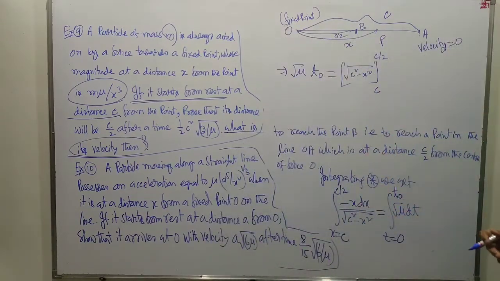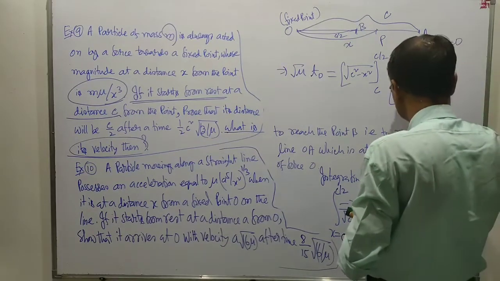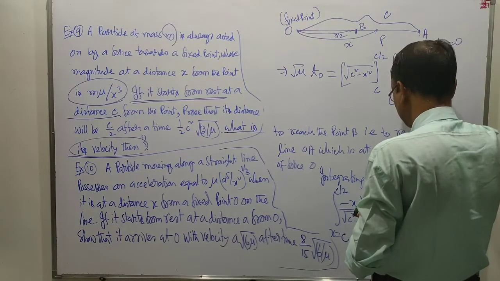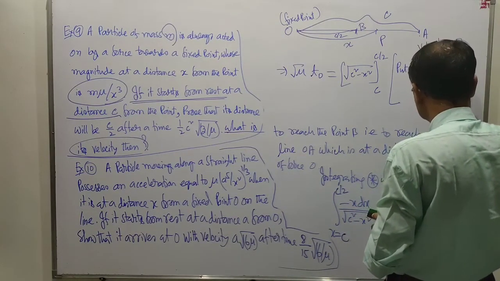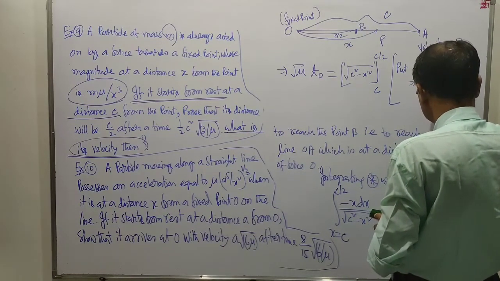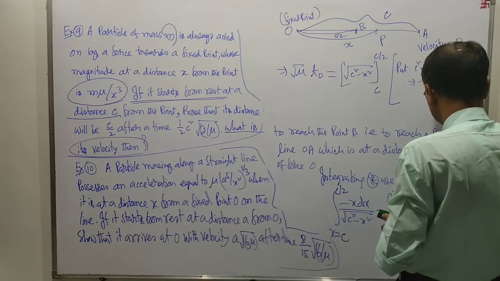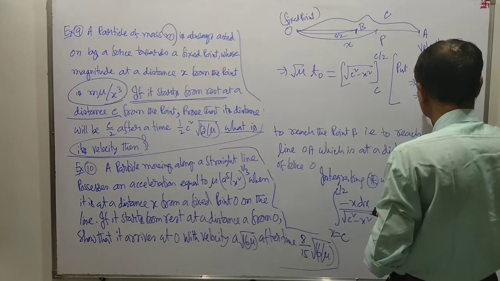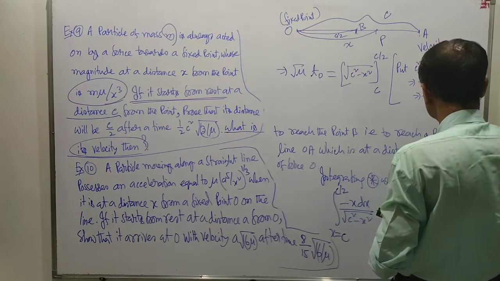You may write like this because you may put c square minus x square equal to z square. This means minus twice x dx equal to twice z dz. This means minus x dx equal to z dz.